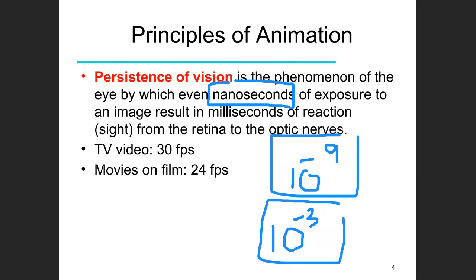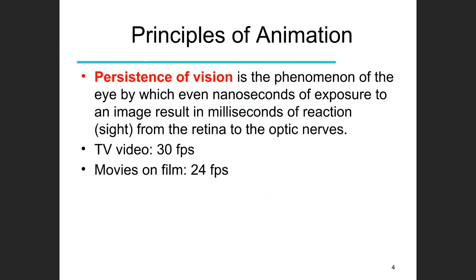Even though in reality this is not a motion, these are just independent images. But since we show them very quickly and they are available in the brain for a longer period of time, that is why we perceive them as a continuous motion. We use the word that we show these images very rapidly. How rapidly?